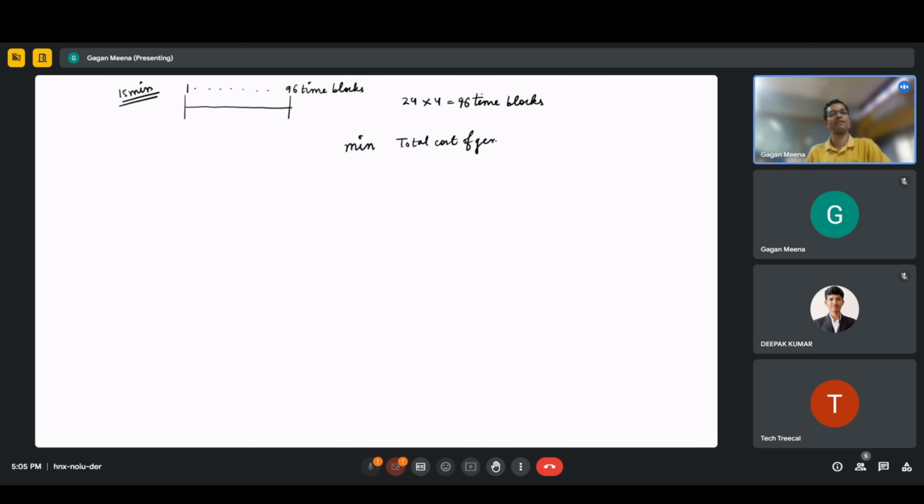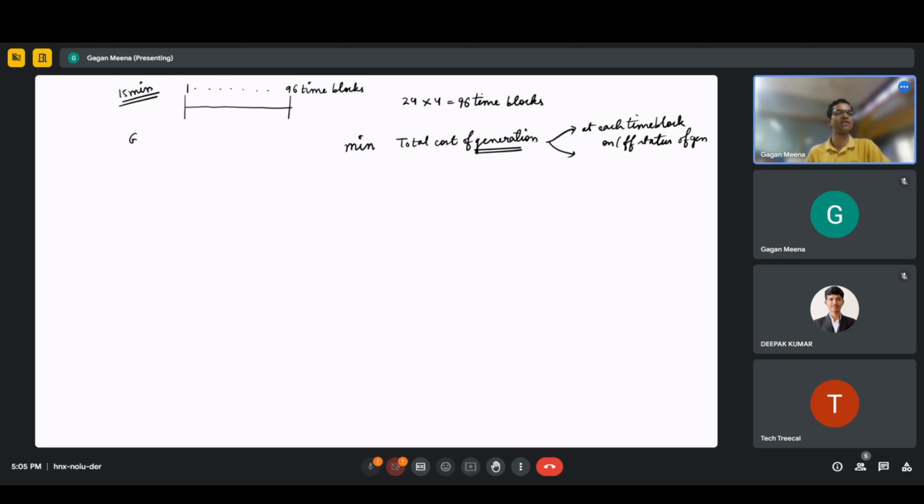This will tell us two things. First of all, at each time block, the on and off status of each generator.